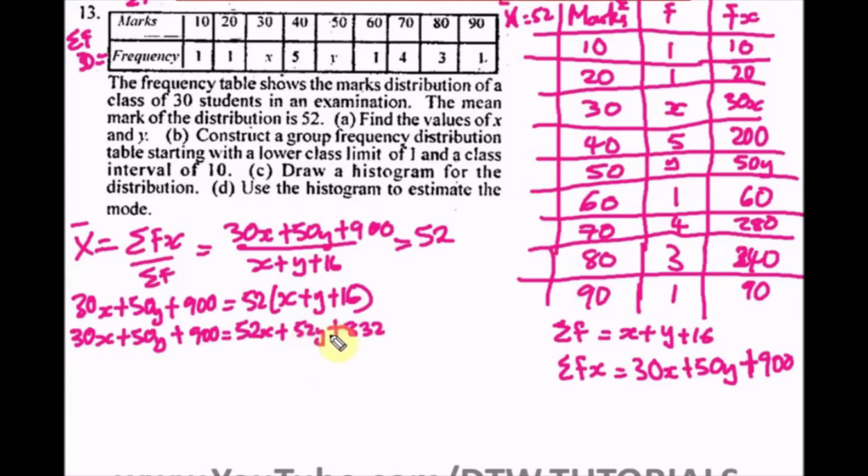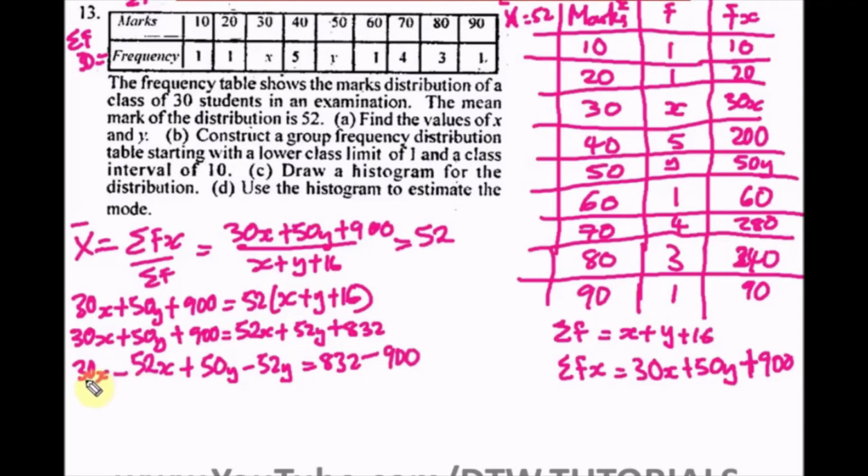Let's take all the values of x and y to this side. So here we have 30x, bringing 52x here, minus 52x, then plus 50y, minus 52y, equal to 832. Taking plus 900 here, it's going to be a negative 900.